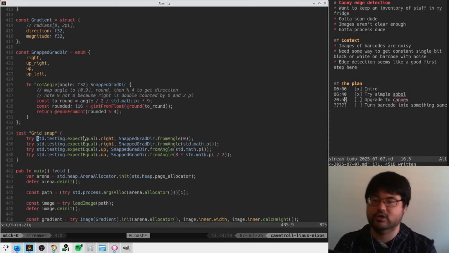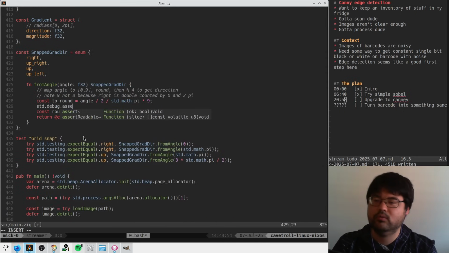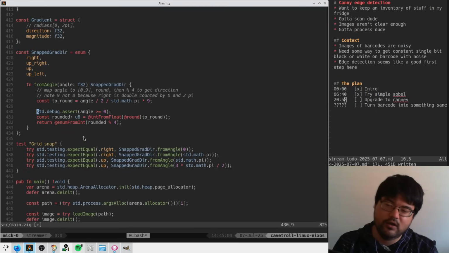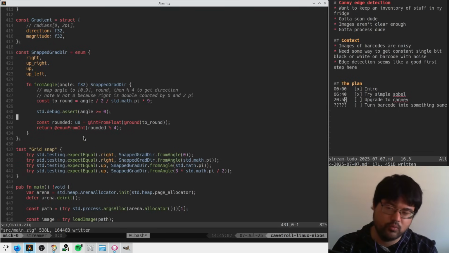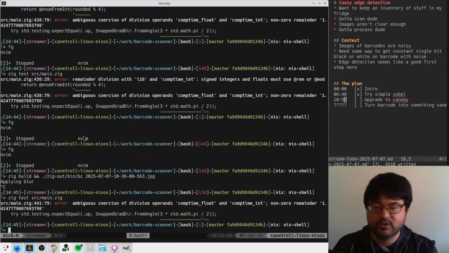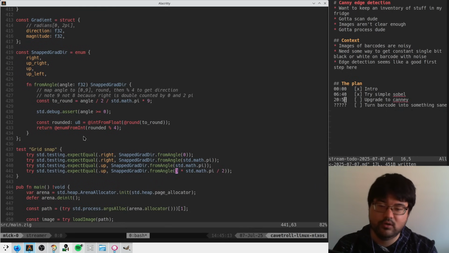I guess we can just assert. I'm gonna assume that this is greater than or equal to 0, and if it's not, then we'll have to heal it. But now this works easier. Okay.